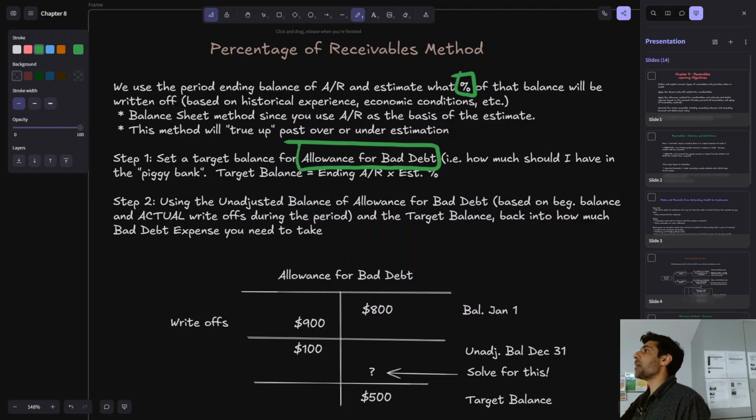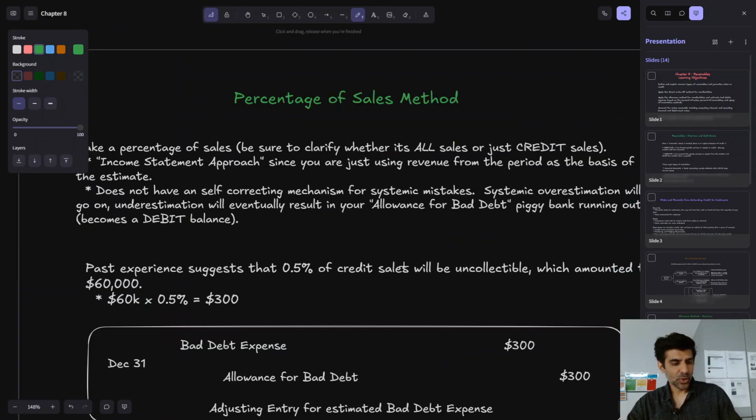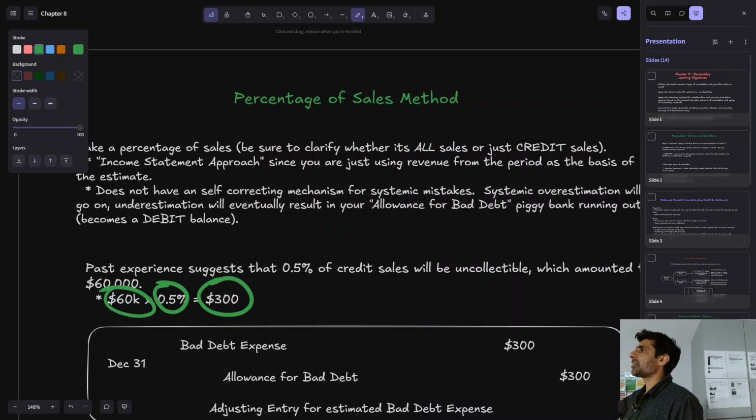Instead of calculating the amount of the adjusting entry, I'm first starting with how much my piggy bank should be. So this is different than what we just did, because in the last method, we just took a percentage, multiplied it by the amount of credit sales, and this was the amount of the adjusting entry. It doesn't matter what net balance that gives me for allowance for bad debt.